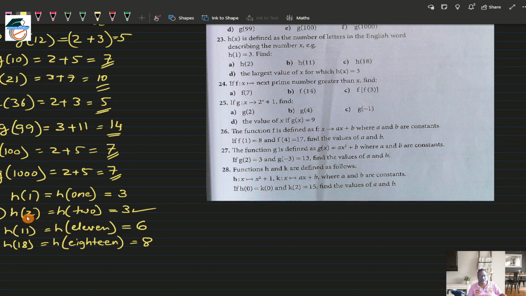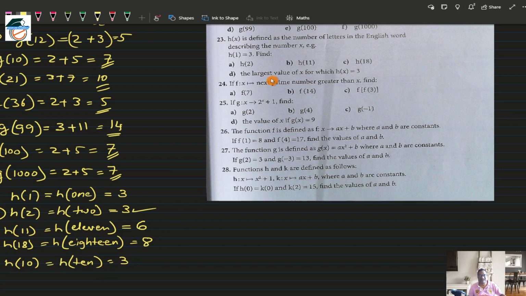So 1 is smaller, 2 is bigger, 3, THREE, 4, FOUR, 5, 6, SIX, 6 can come, 7, 8, 9, TEN, 10. So 10 will be the word, h of 10. h of 10 will be written as h of TEN. And this is a 3-letter word, so h of 10 will be equal to 3.